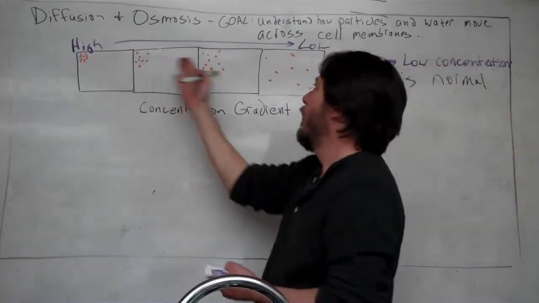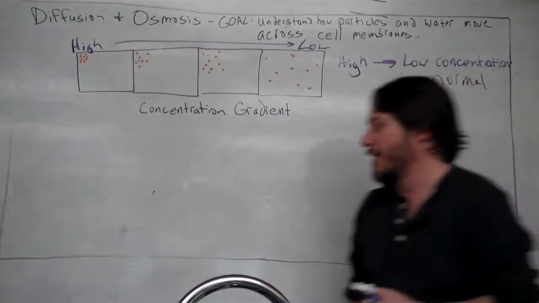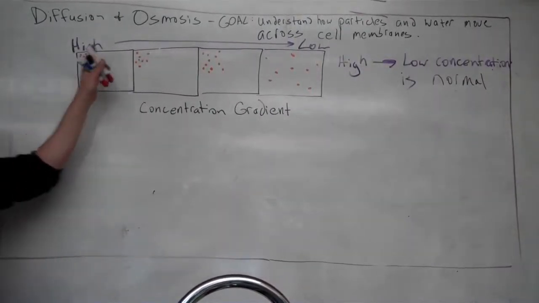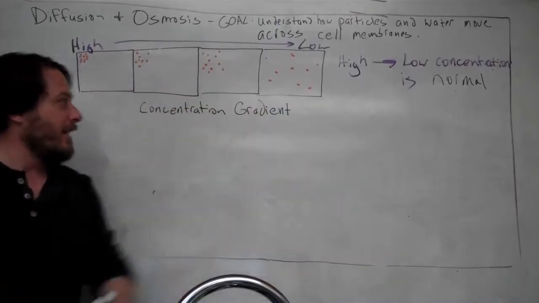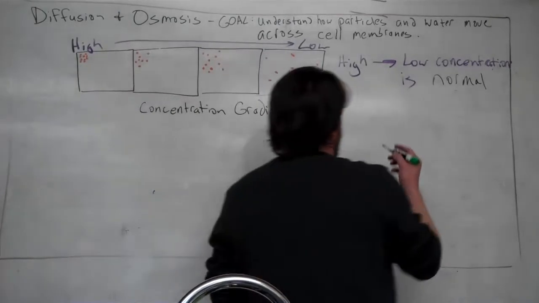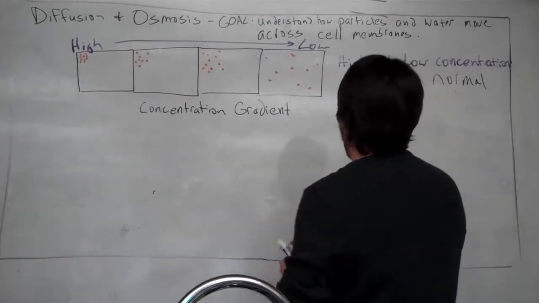No one would expect anything different. It's normal if you have stuff to have it spread out as time goes on. If you do the opposite, that is not normal.